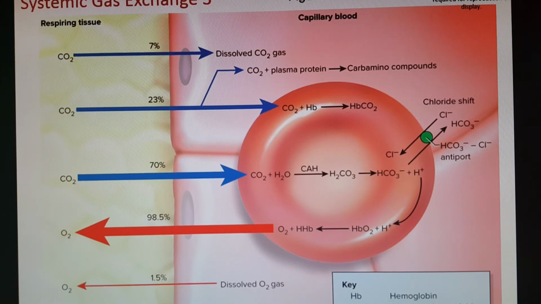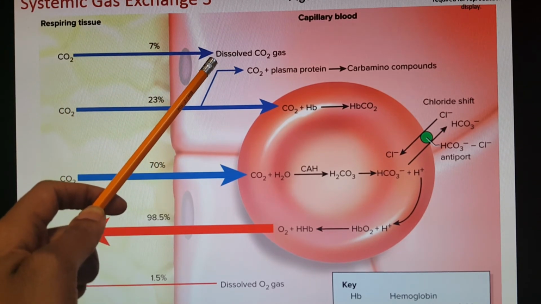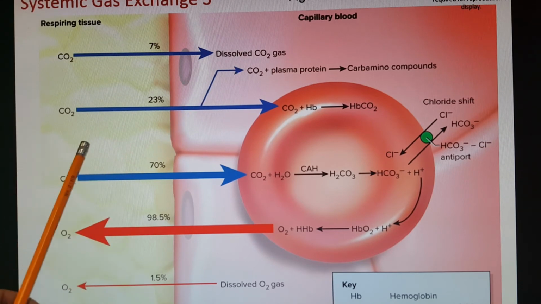So looking at everything all together in systemic gas exchange, so unloading your oxygen and loading up carbon dioxide into the blood. A small amount of your carbon dioxide enters into the capillary blood and stays as a dissolved carbon dioxide gas.